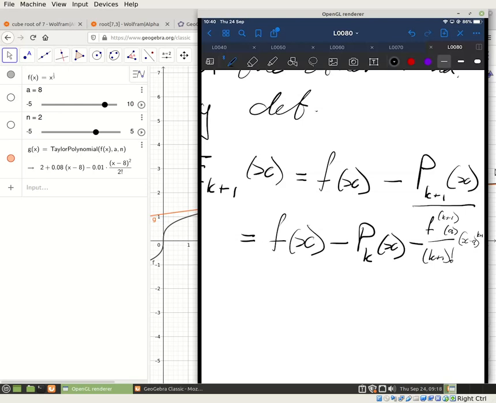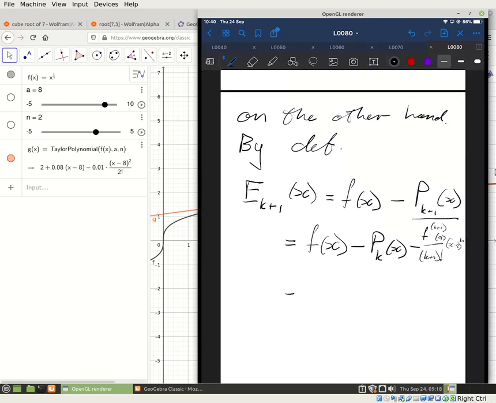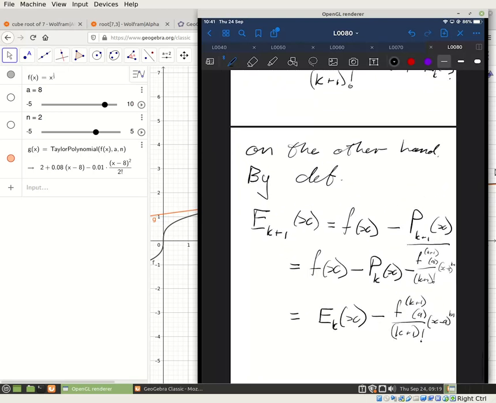Okay. But what is this? This is just ek at x minus this term over there.